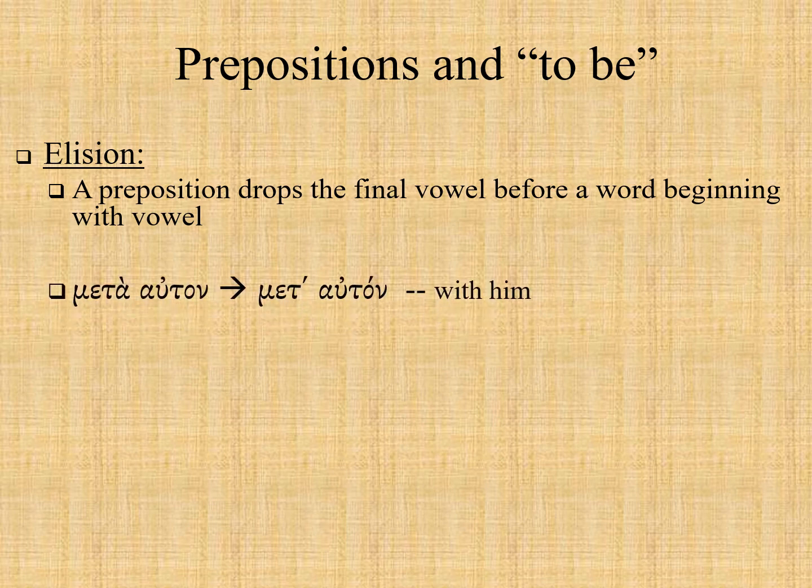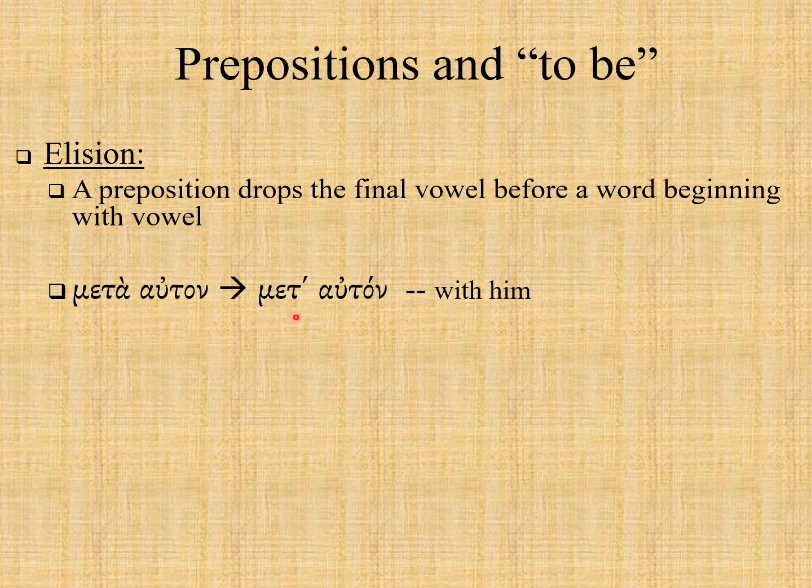So let's look at it. We have this regular example of meta autou, with him, but when we have the alpha at the end of the preposition followed by a word that starts with a vowel, then you can see that the vowel at the end of the preposition actually elides or drops.